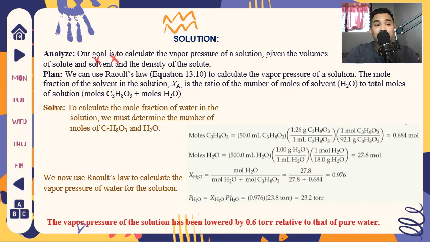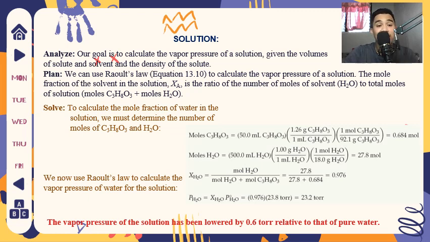So here's the solution. We have to analyze. Our goal is to calculate the vapor pressure of a solution given the volumes of solute and solvent and the density of the solute. So our plan now, we can use Raoult's law, which was shown a while ago, to calculate the vapor pressure of a solution.